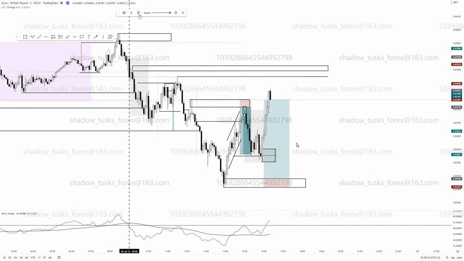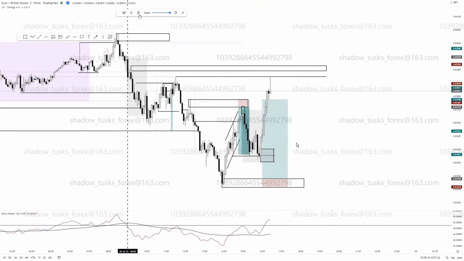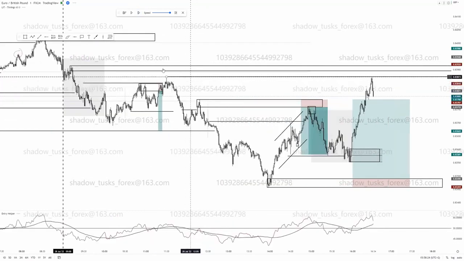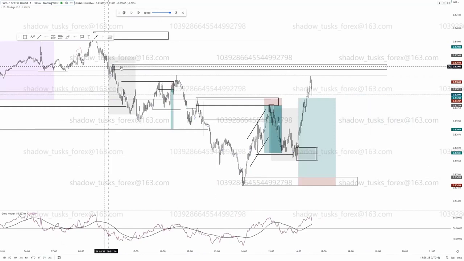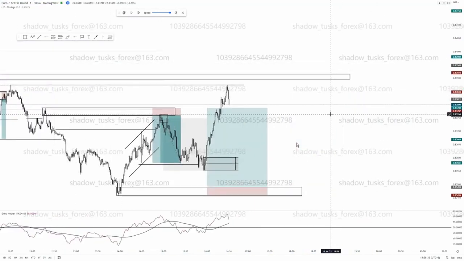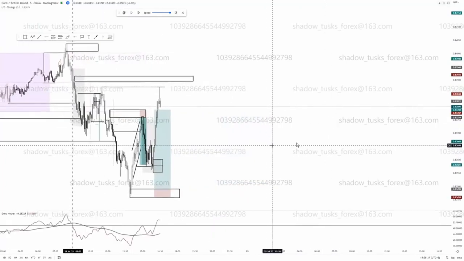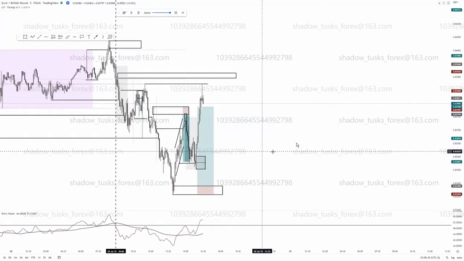Now, let's keep going. Interesting. Very interesting. So now we have built liquidity right below the midline POI. Again, if it was any other POI, I'm probably not interested.